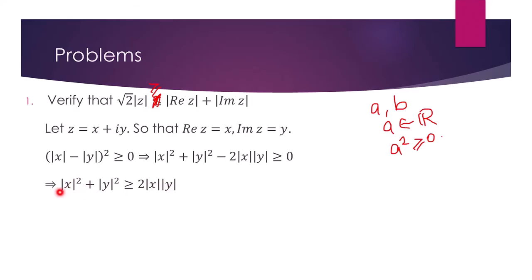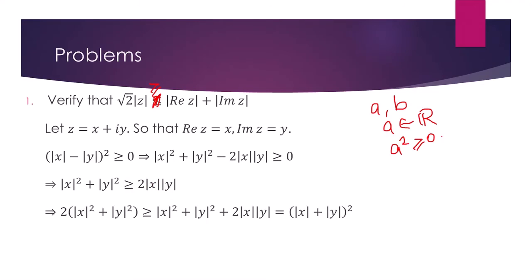Now on both sides of this, we add mod x square plus mod y square. Then what will we get? 2 times mod x square plus 2 times mod y square is greater than or equal to mod x square plus mod y square plus 2 mod x mod y. So we have this. Now the right hand side is mod x plus mod y the whole square.